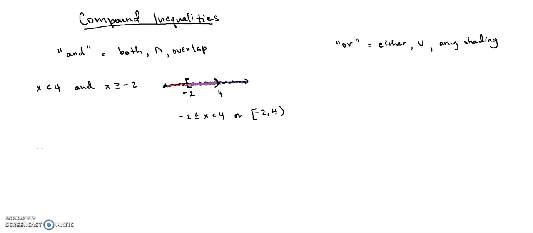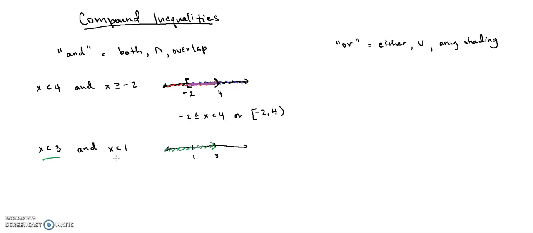Let's try another one. Let's say we've got x less than 3 and x less than 1. So 1 and 3 are our numbers, and this time I will use a different color. I'm going to do x less than 3, so that's going to go to the left, and that's going to have a round bracket.